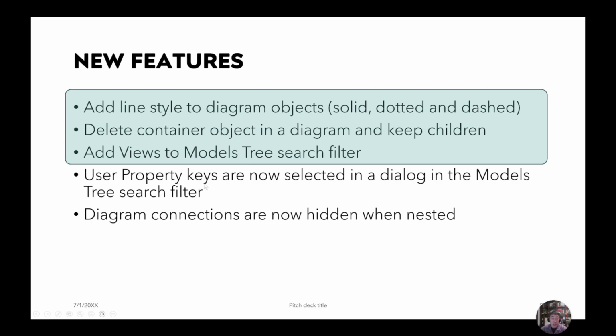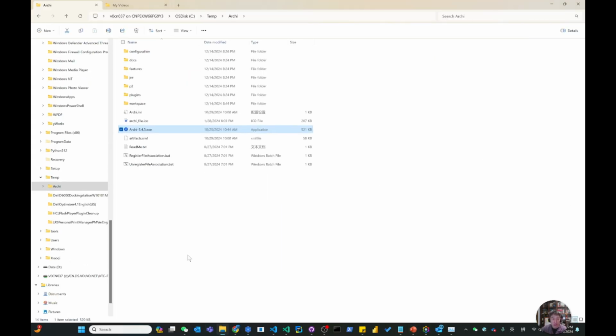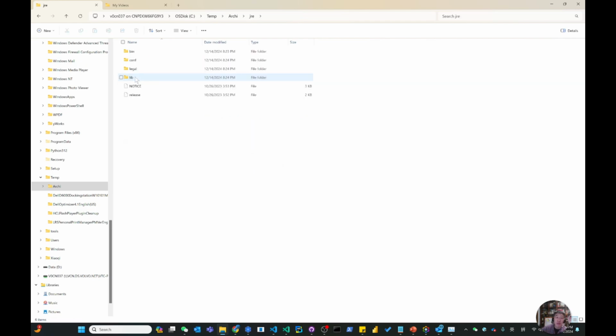So I didn't see all those, so I will skip that and move to these improvements. What's this Java version 13? That is quite easy. This temp Archi is my 5.4.3. If you go to your installation program folder, you will see a JRE, a bundled Java runtime by Archi.